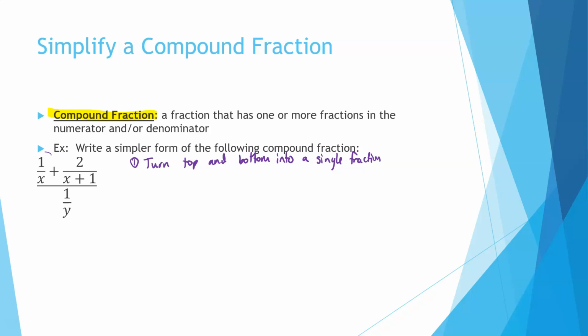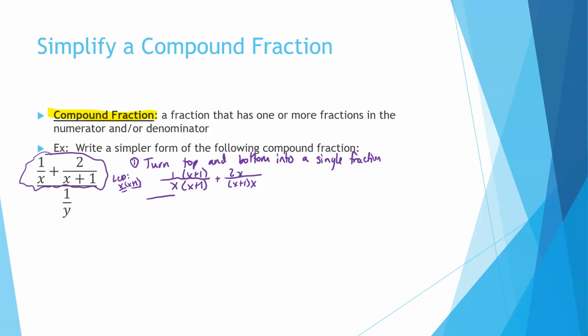What that means is to turn this top into a single fraction, I have to add them together. So I would find my least common denominator on the top, which is x times x plus 1. So I take the 1 over x, it's missing the x plus 1, so I multiply the top and bottom by x plus 1. I add it to 2 over x plus 1, it's missing the x, so I multiply the top and bottom by x.